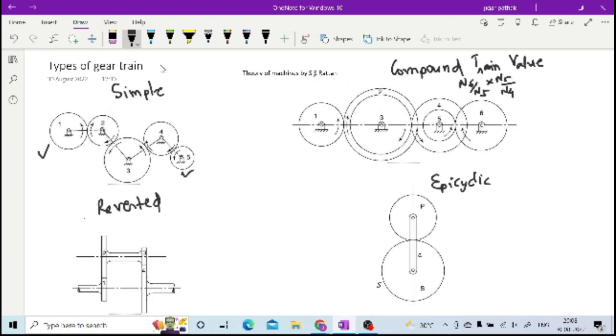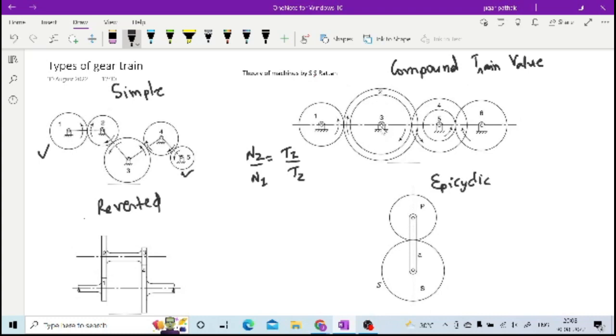Actually here you are having more gears mounted on one shaft, so we need to consider that. So let us see what is happening. 1 is transmitting to 2, so n2 by n1 is equal to t1 by t2. Now 2 is not transmitting to 3 because 3 is already on the same shaft as 2.